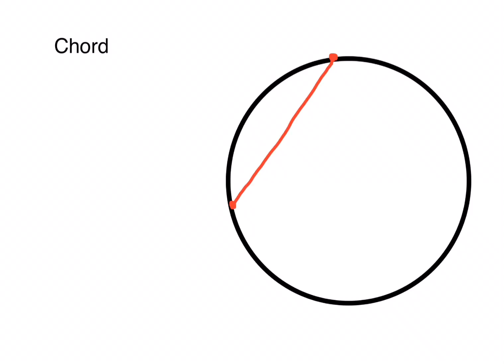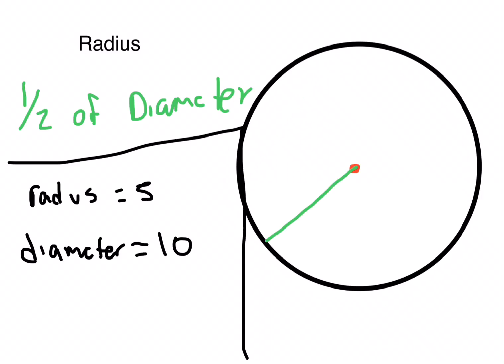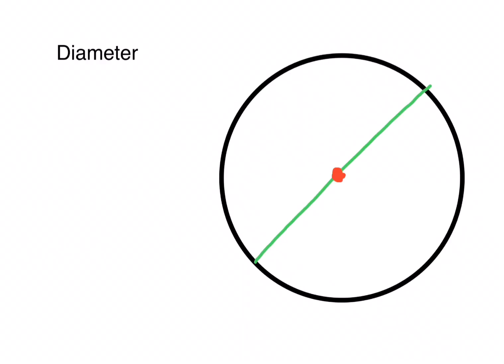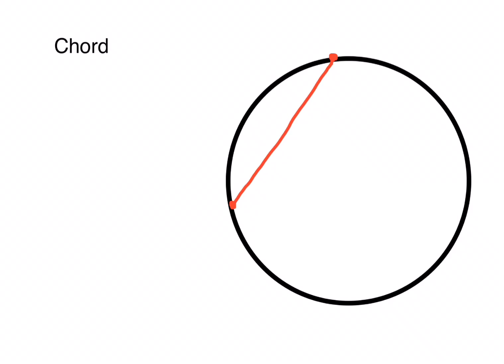However, the difference between a chord and our diameter is that the diameter has to go through the middle point. A chord just goes from side to side, okay? So a diameter can be considered a chord, but a chord cannot be considered a diameter.